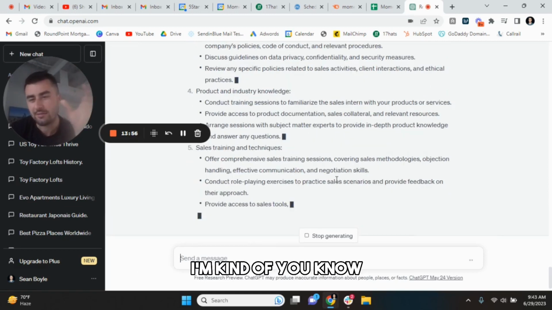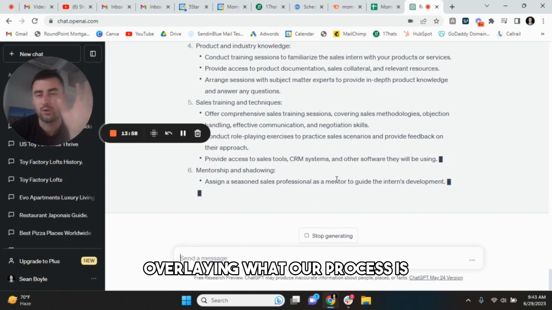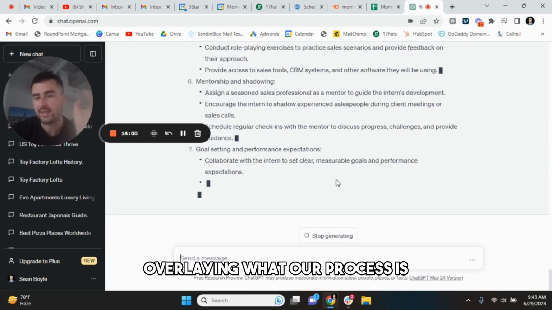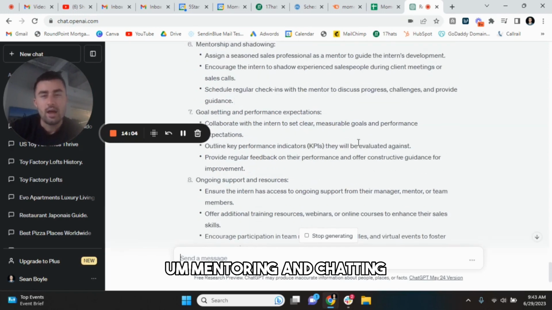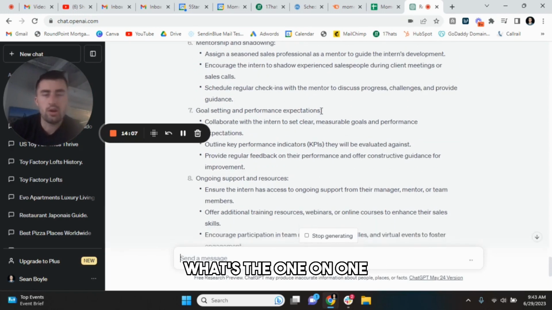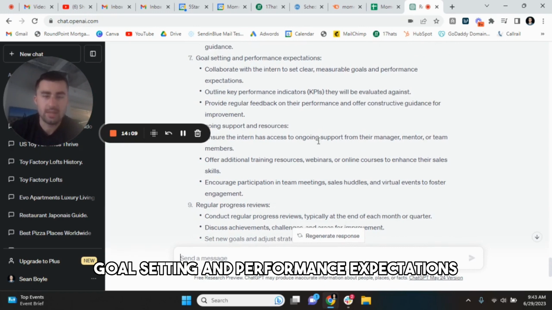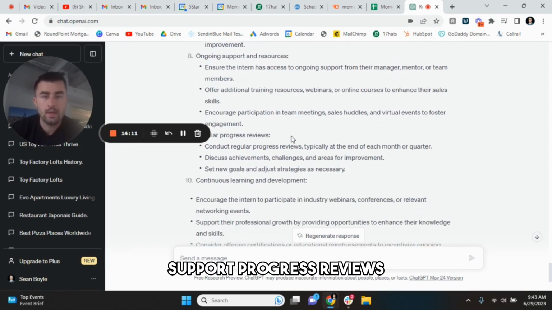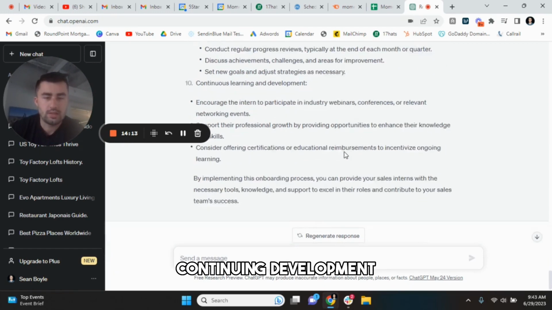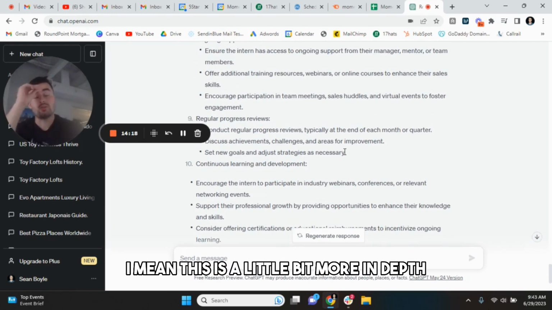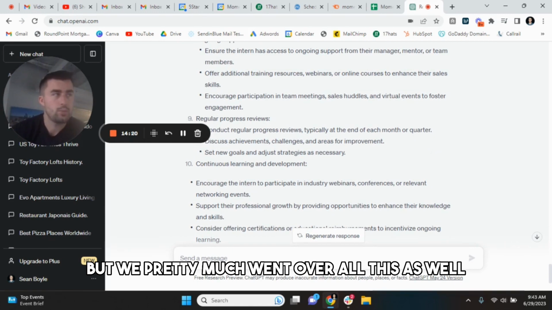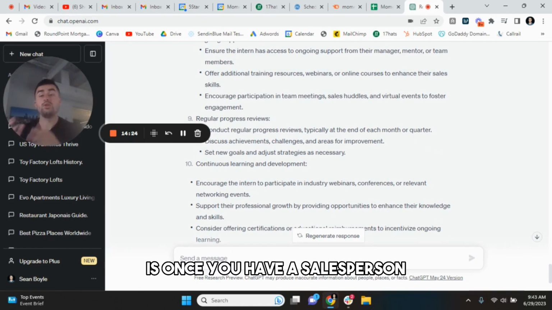As you can see, I'm kind of overlaying what our process is and checking ChatGPT to make sure it's legit. Mentoring and shadowing, what's the one-on-one, goal setting and performance expectations. We talked about that. Support, progress reviews, continuing development. We talked about this as well. So yeah, pretty much, this is a little bit more in depth, but we pretty much went over all of this as well.